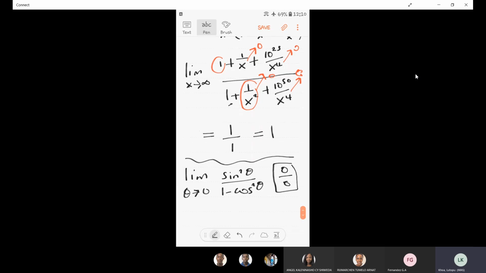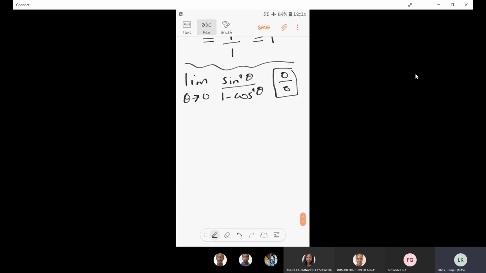So what I need to do here is use my knowledge from trigonometry and rewrite it and see if some things can cancel. Now we know in the denominator 1 minus cos squared theta is the definition of sine squared theta. So what I actually have is this limit as theta goes to 0 of sine squared theta over sine squared theta.